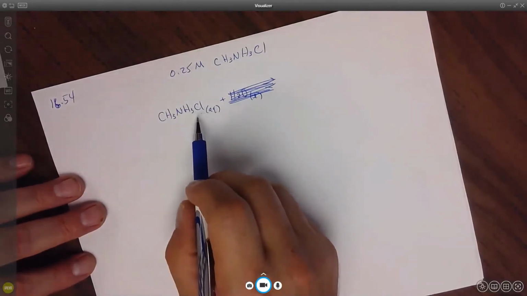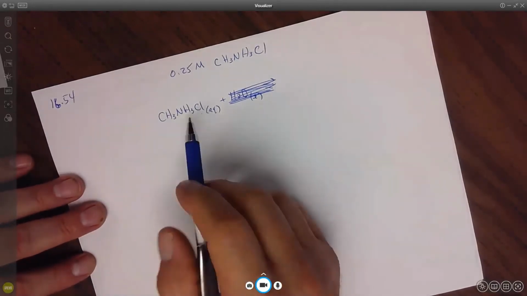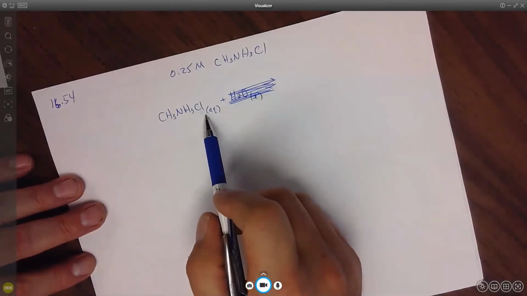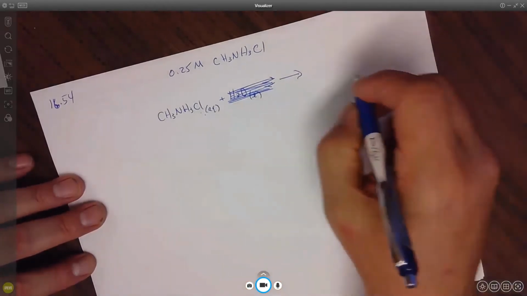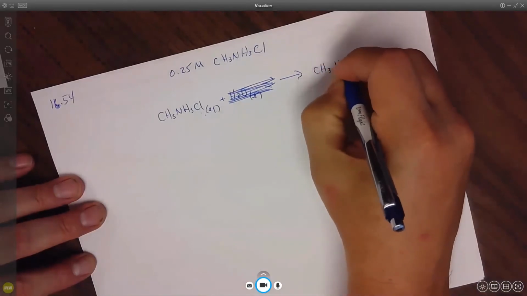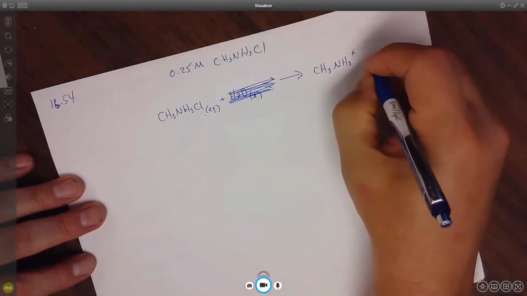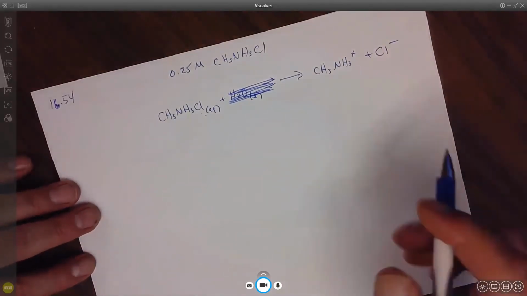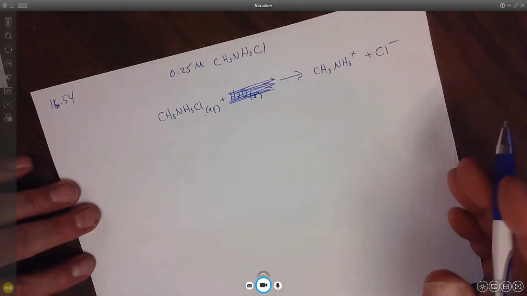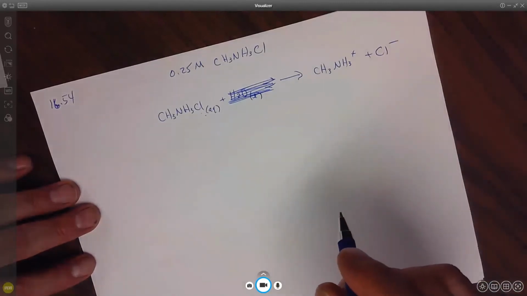We've already established from the last problem, the methyl ammonium chloride, right? So we just established that it is a strong electrolyte and it dissociates into the methyl ammonium ion and the chloride ion. So we're talking about pHs and concentrations of methylamine.